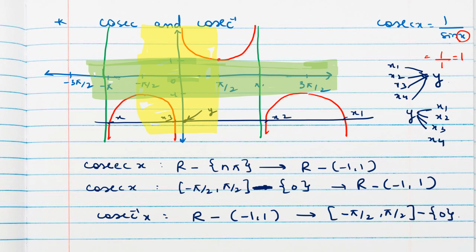Similarly, we can find it for the second function, sec and sec inverse. So we know sec x is 1 by cos x. So for all odd multiples of pi by 2, this function will become undefined.